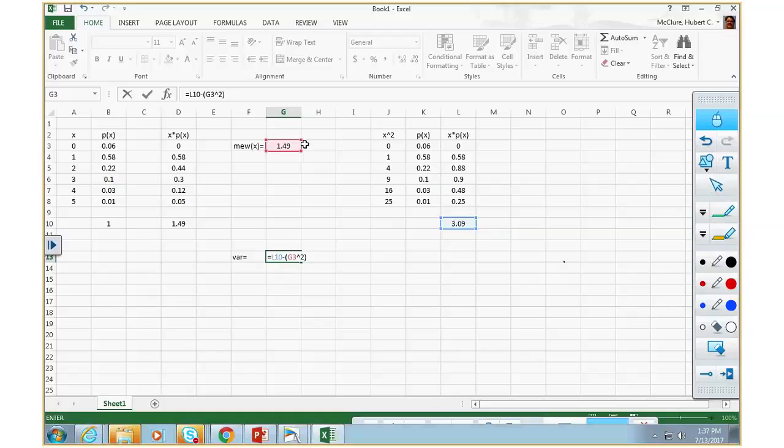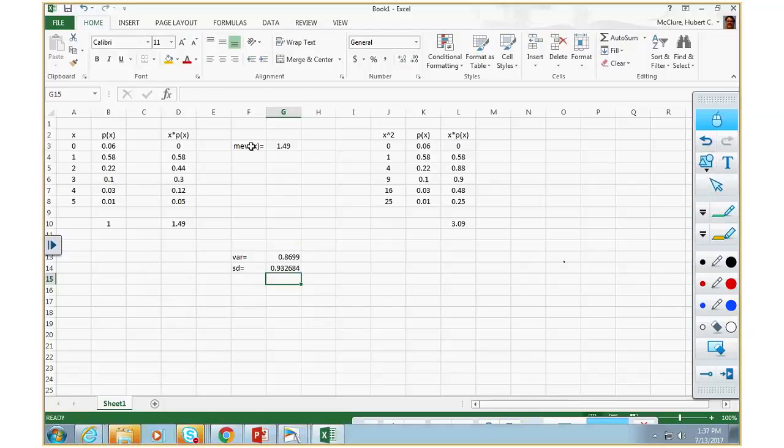Thank you for the interaction. It's always nice to have a class that talks back. Y'all suck. Standard deviation is equal to this raised to the what? 0.5 power, Hubert. That's right, class. And there is your standard deviation.